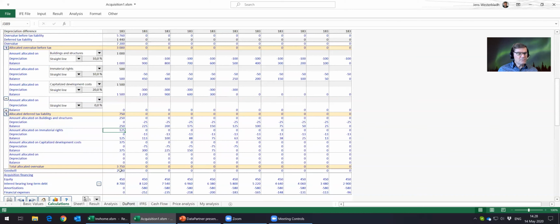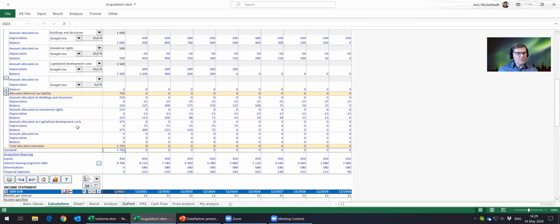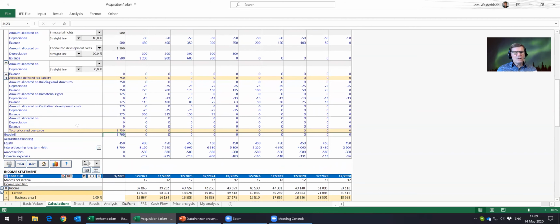And the rest, which was not allocated, is the goodwill, 2.7 million. These are all blue lines, so these are group items. In order to see the effects on group financial statements, we need to do these operations.